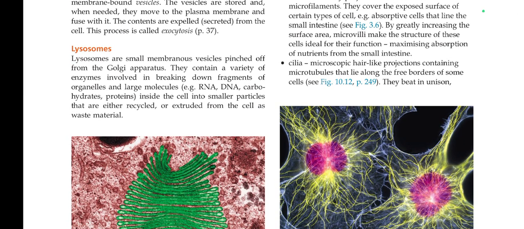Lysosomes. Lysosomes are small membranous vesicles pinched off from the Golgi apparatus. They contain a variety of enzymes involved in breaking down fragments of organelles and large molecules, RNA, DNA, carbohydrates, proteins, inside the cell into smaller particles that are either recycled or extruded from the cell as waste material.